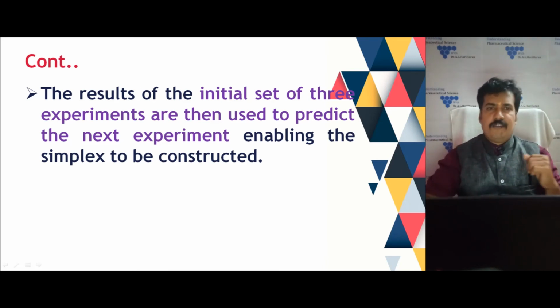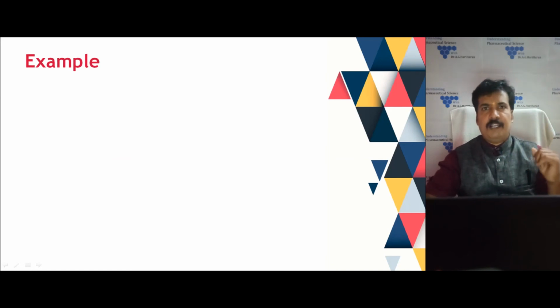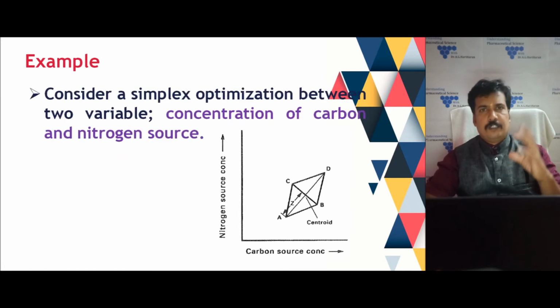So this I will explain by a simple experiment and illustration. Consider a simplex optimization technique between two sources, one carbon source and one nitrogen source.